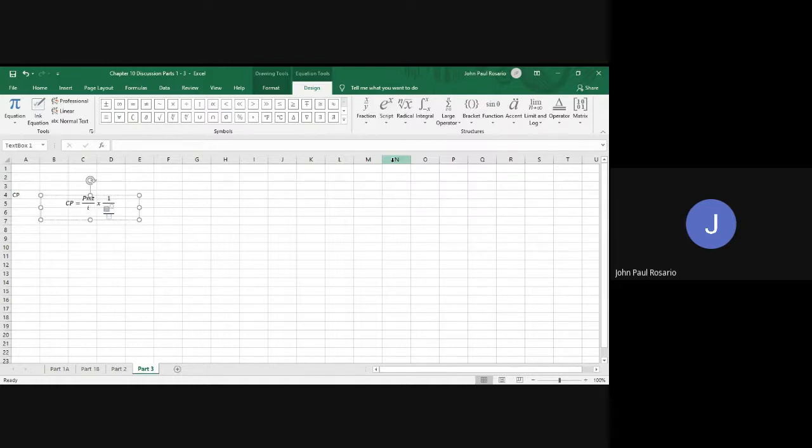That's 1 plus I, and then we raise that to C, and then minus 1 over I.